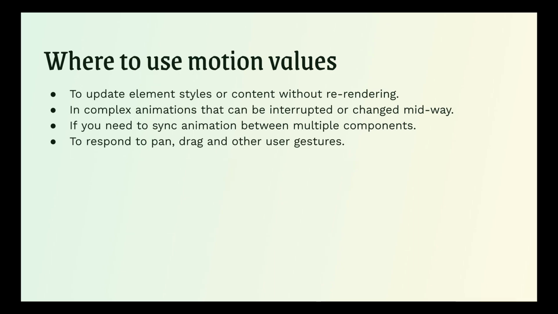I know we skipped the drag and pinch gestures from Framer Motion today, but they are very convenient if you have those kinds of animations that depend on user gestures. And they are very convenient if you need to sync your animation between different components. In this case, you will create a single motion value on the parent component and then pass it to the children, which will synchronize those animations.